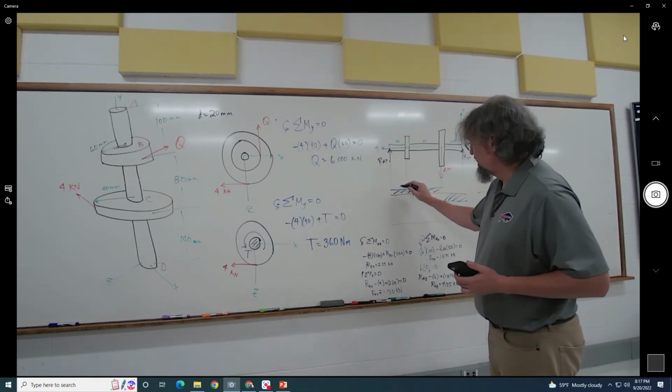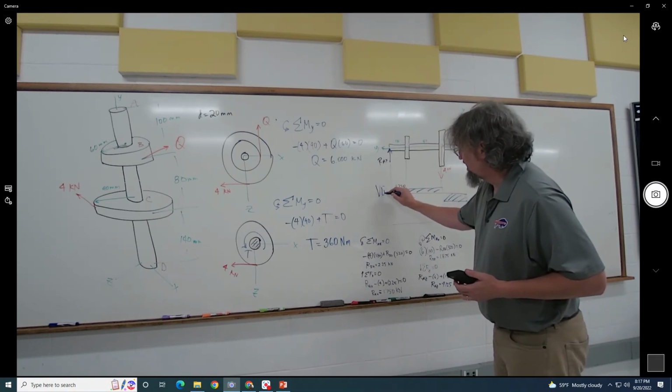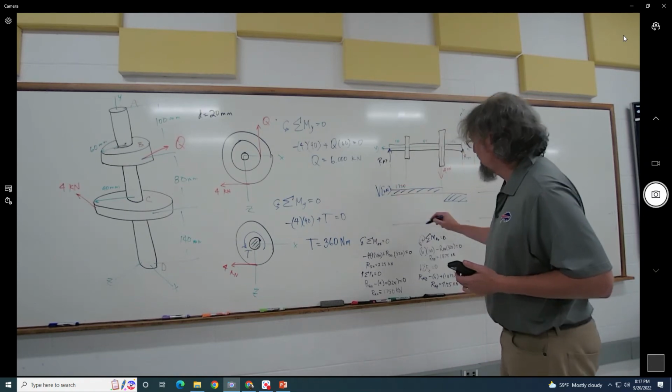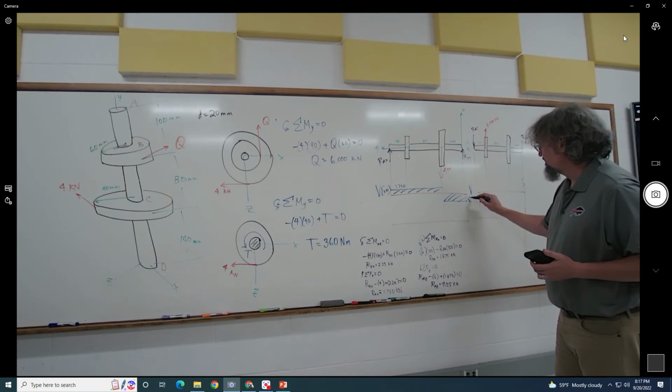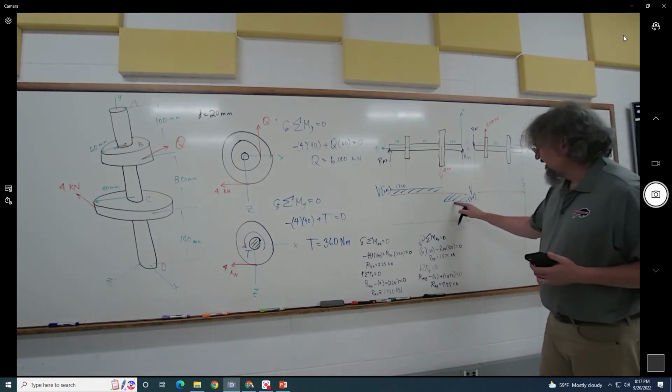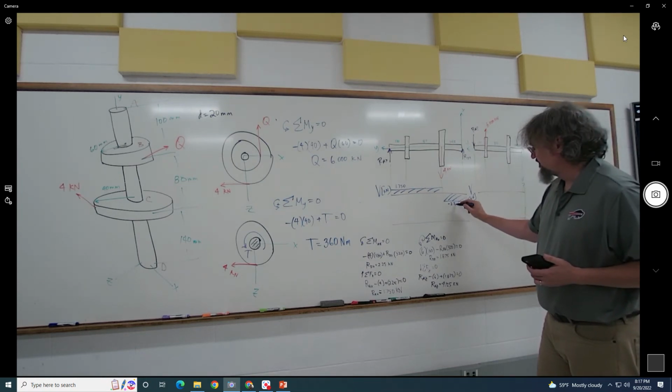So RAX is 1.75. We'll go V, and we'll write what these are, kilonewtons, so we can remember. These are V, kilonewtons here too. And this amount should be 2.25, or a negative 2.25.